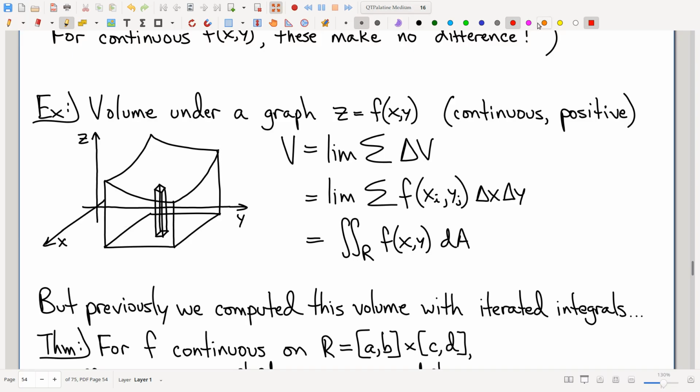And in particular, I'm going to take this rectangular domain, I'm going to chop it up into little pieces, and on each little piece, I'm going to argue that the volume in that piece, this little piece of volume, right, that French fry right there, the volume is height times the area of the base.